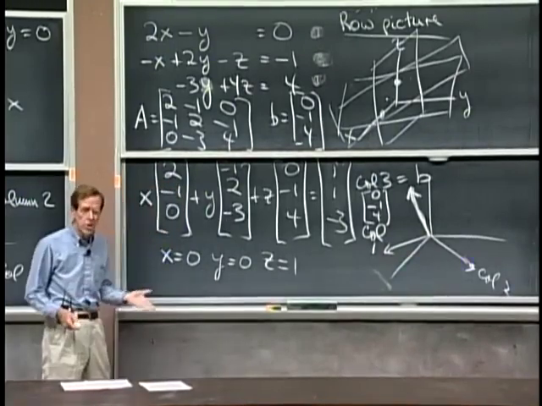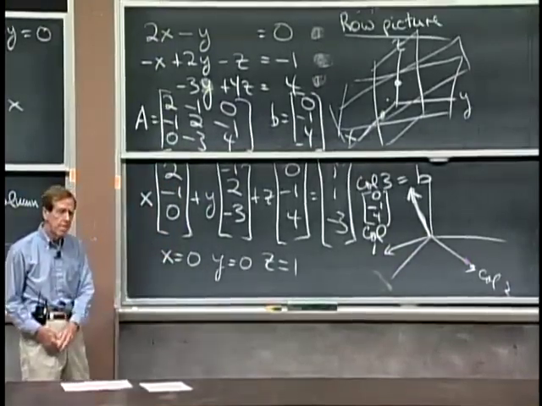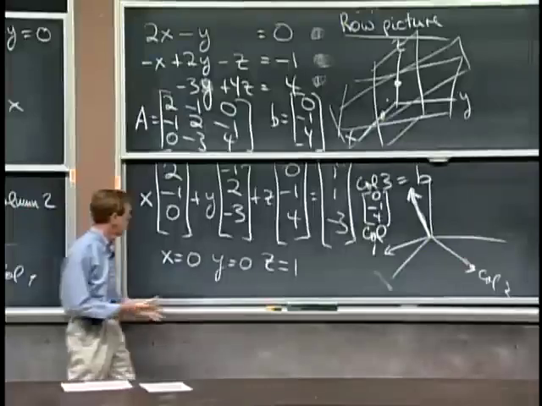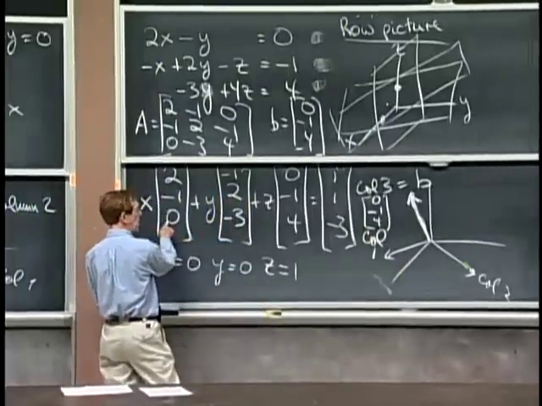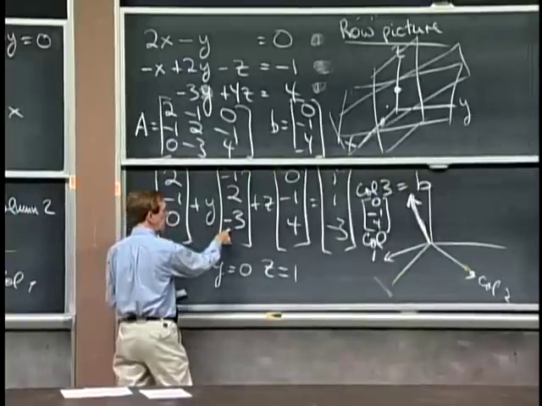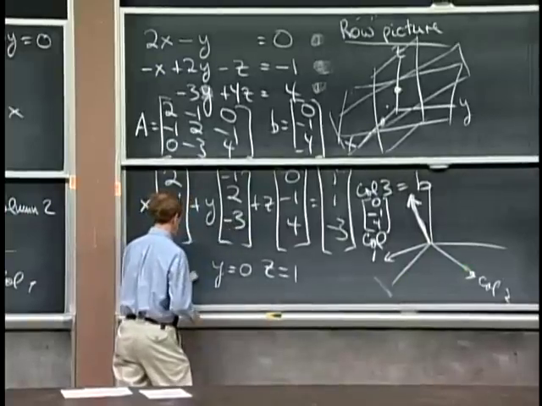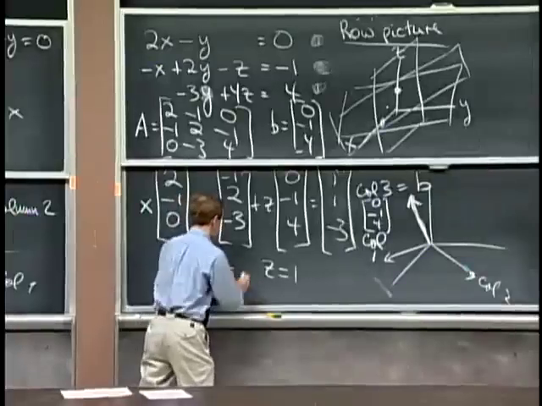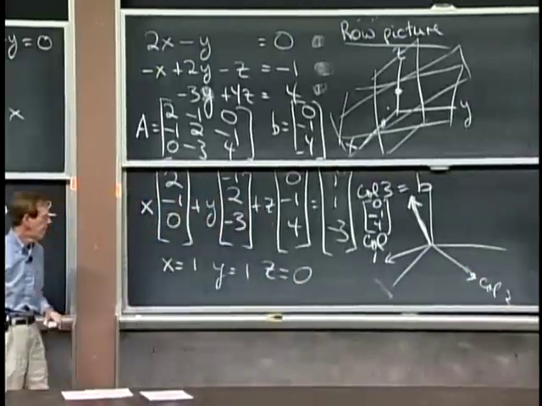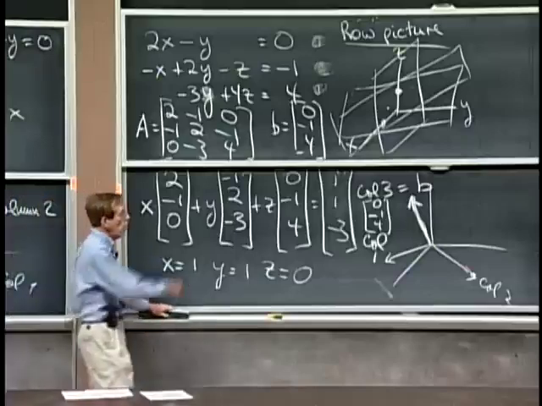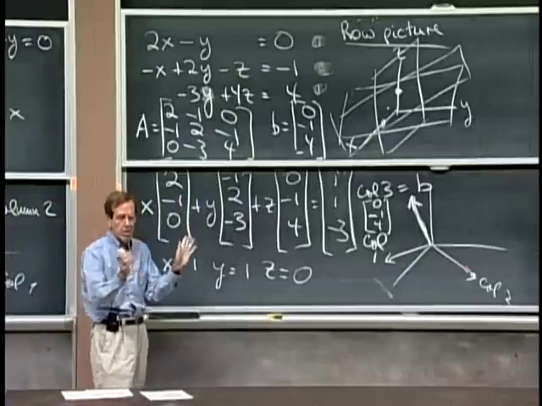Now, what's the solution with this new right-hand side? The solution with this new right-hand side is clear. Now I took one of these, and none of those. So actually it just changed around to this when I took this new right-hand side. Okay. So in the row picture, I have 3 different planes.